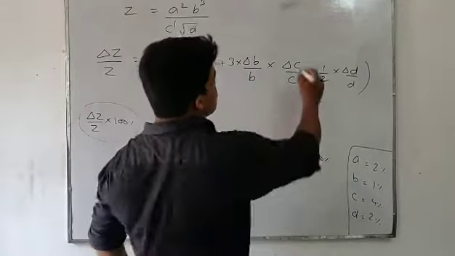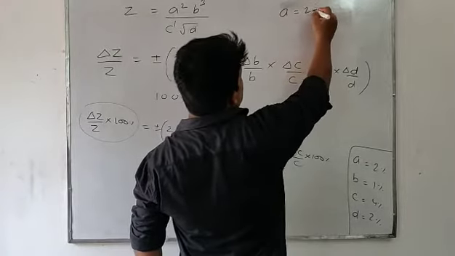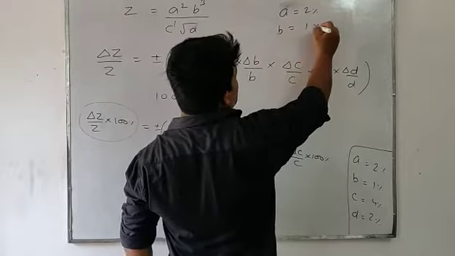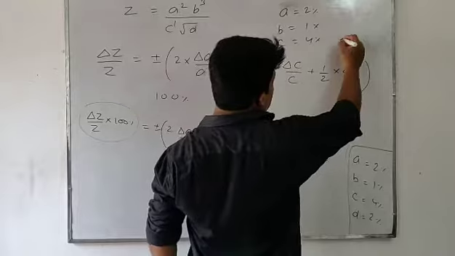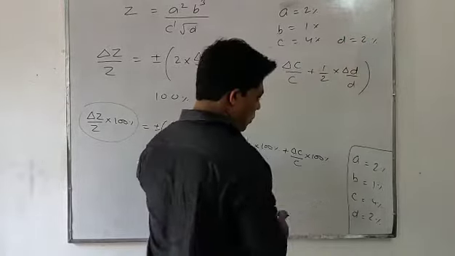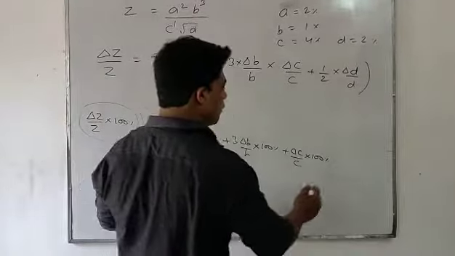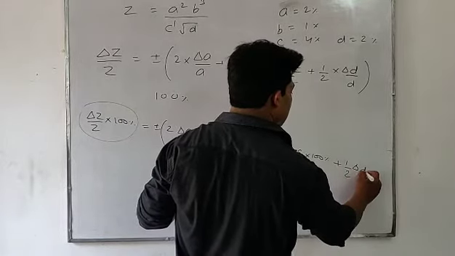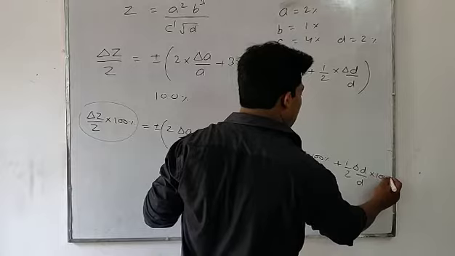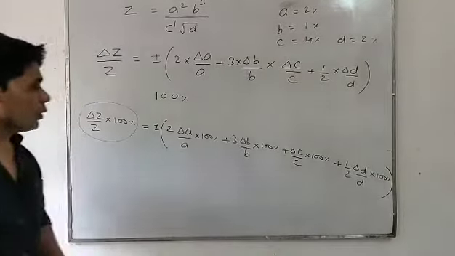Now students, A has a percentage error of 2%, B 1%, C having 4% and D having 2%. And finally half delta D by D into 100%.